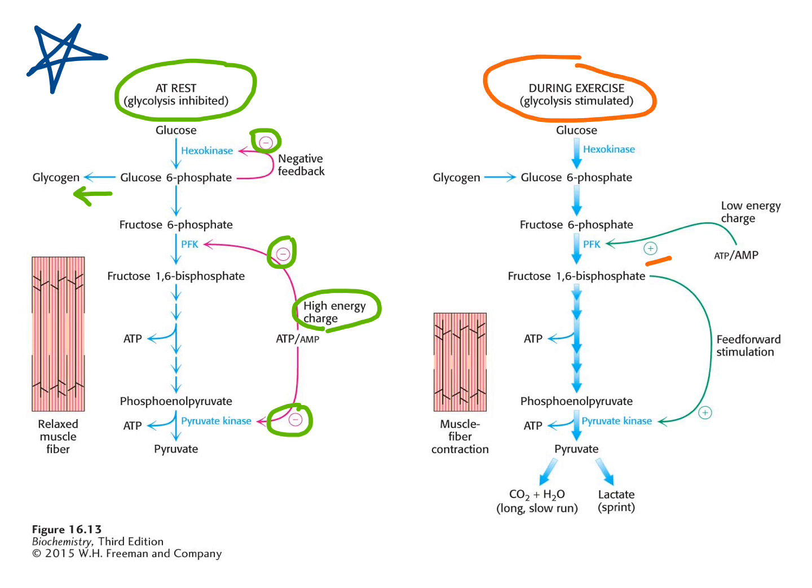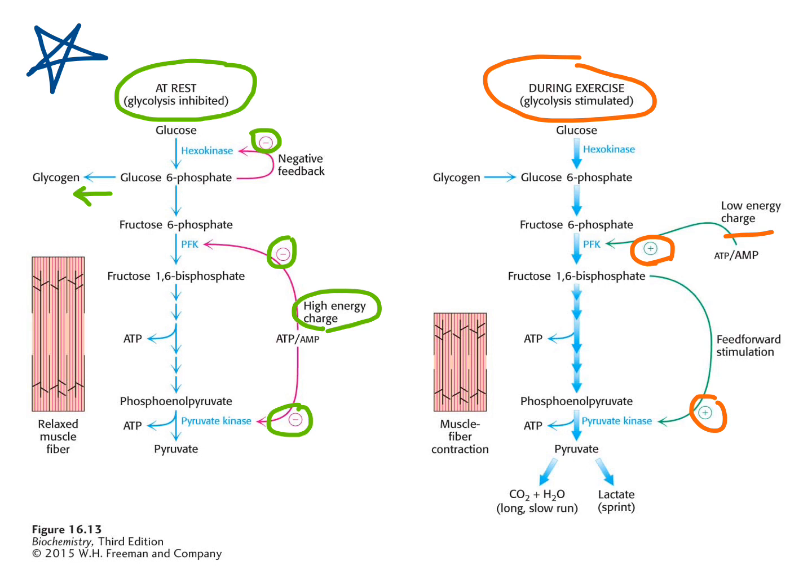And during exercise, glycolysis is stimulated. When you exercise, your body has low energy charge. You need ATP. You lack ATP, and that sends a positive signal to the control sites, PFK and pyruvate kinase.